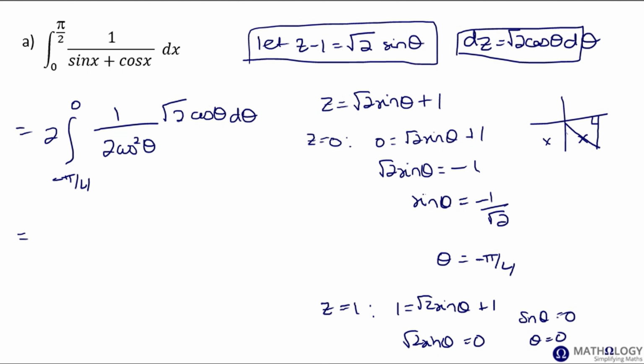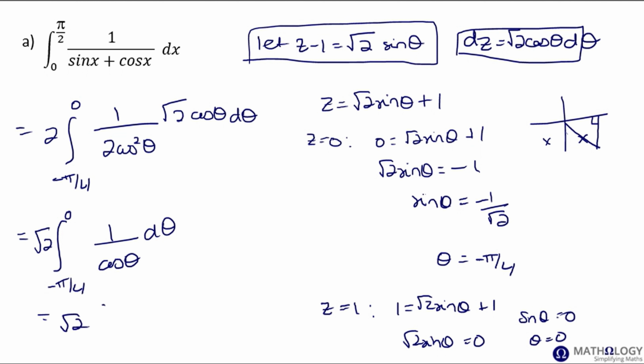We can take out this half over here, so we have 2 times a half will just be 1. So we've got the integral from minus pi by 4 to 0 of, and the root 2 we should take out as well. So we'll have the root 2 on the outside, and then we have cos theta over cos squared theta d theta, which we can just write as 1 over cos theta.